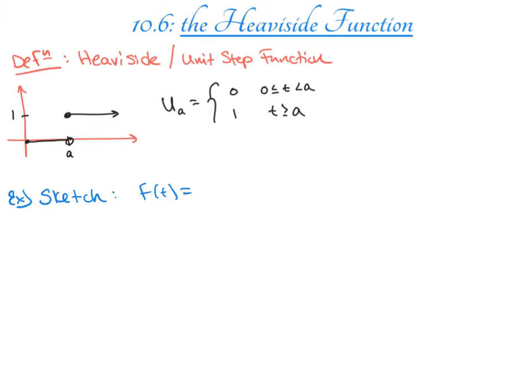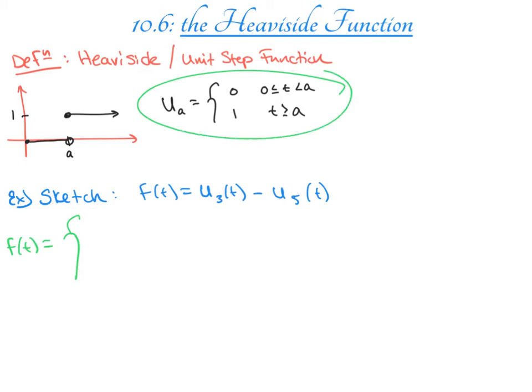f of t equals u sub 3 of t minus u sub 5 of t, where u is the unit step function or the Heaviside function. Okay, let's talk about what this is. So the first thing I'm going to do before I sketch this is I'm going to write this in piecewise notation, going off of this.